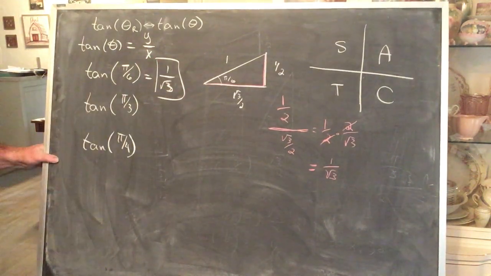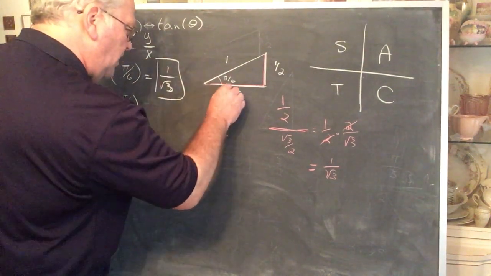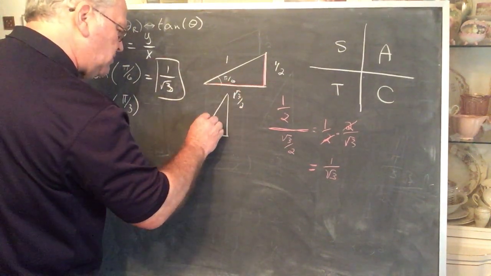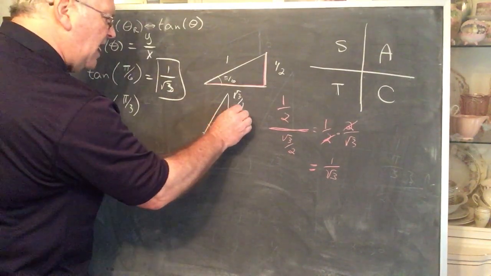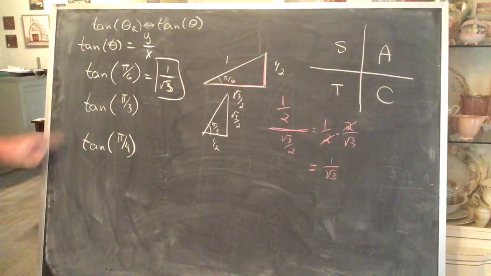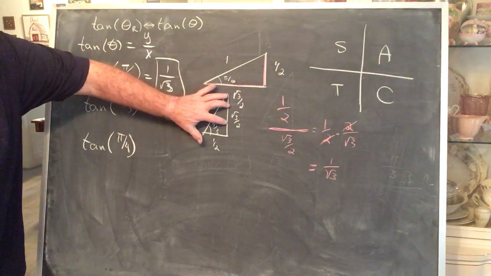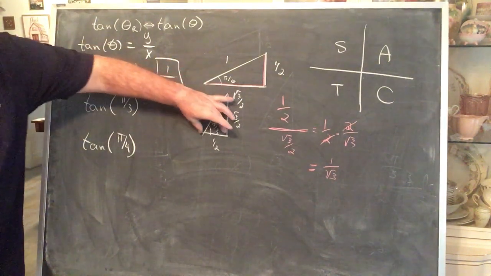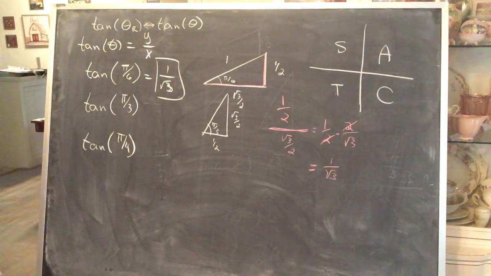All right, tangent of pi over 3. It's the same triangle, but remember, for pi over 3, we're going to upend the triangle and write it this way. This is now pi over 3. This is now the square root of 3 over 2. This is now the 1/2. And so tangent is vertical divided by horizontal. The vertical is now the square root of 3 over 2. The horizontal is now the 1/2. But just like before, do we see it? I'll do this one more time.